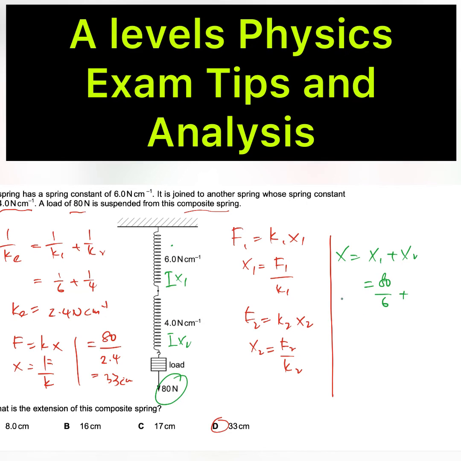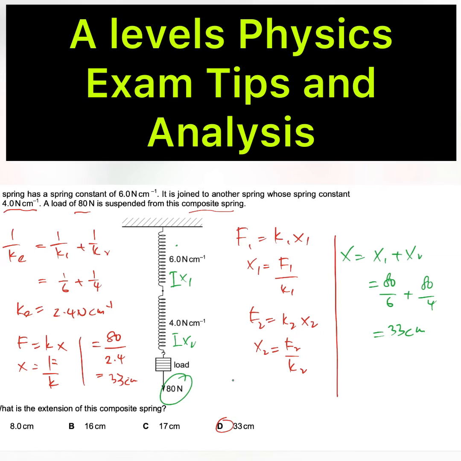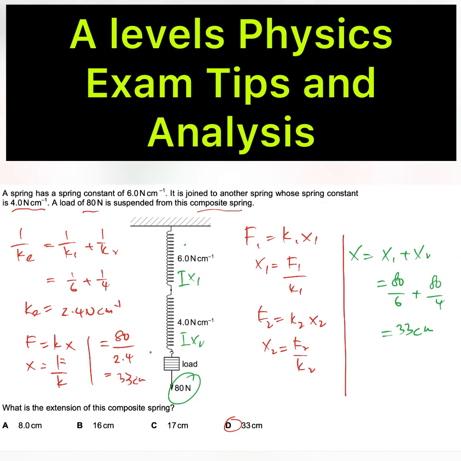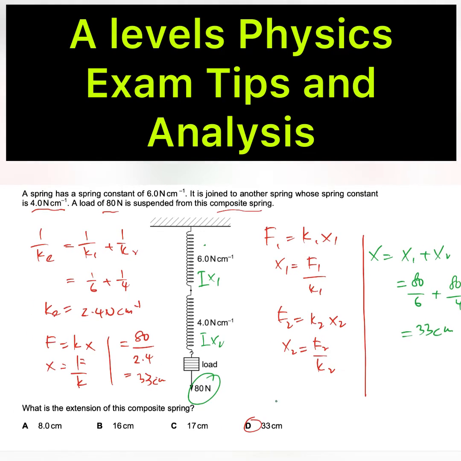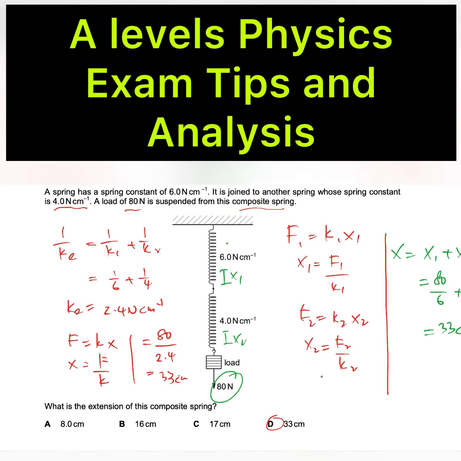The second spring is also 80 divided by 4. So let's check together. Are they the same thing? Is it 80 divided by 6 plus 80 divided by 4? Oh, it's the same. So that means either using approach number 1 or approach number 2, or both of them, will end with the same answer. Okay, that's done.